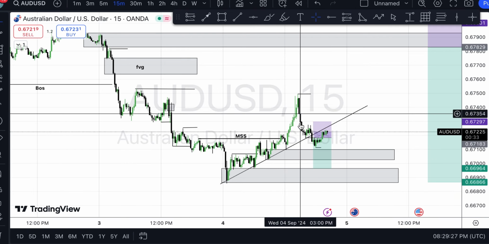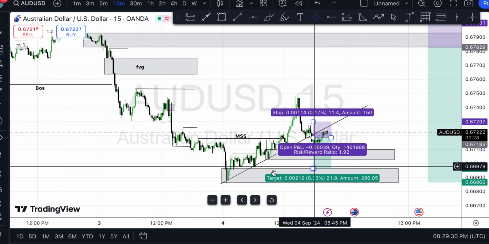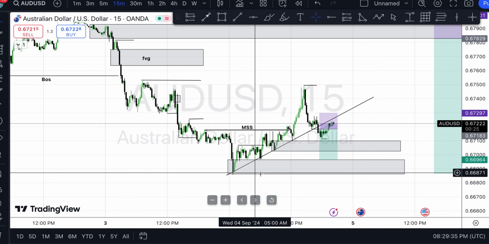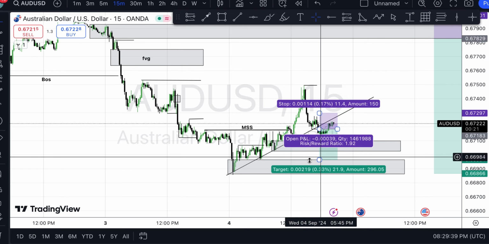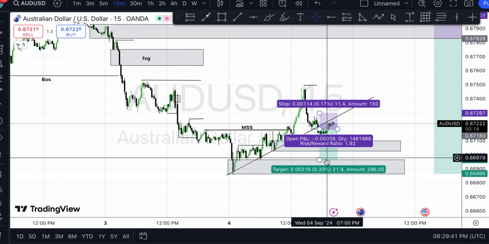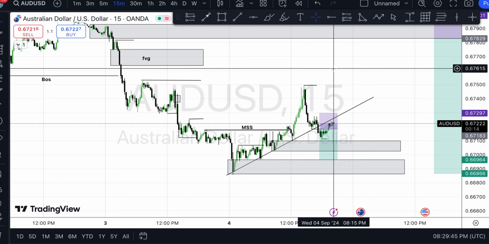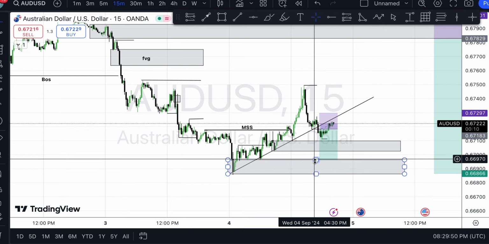But I will not just buy. Knowing where to buy is another thing entirely. So I'm waiting for price to get to somewhere around this zone, to a more discount zone, before I will buy. I'm trading to somewhere around this zone.